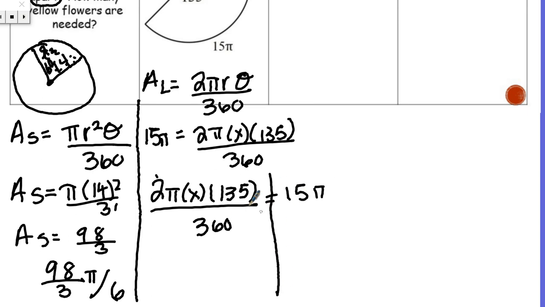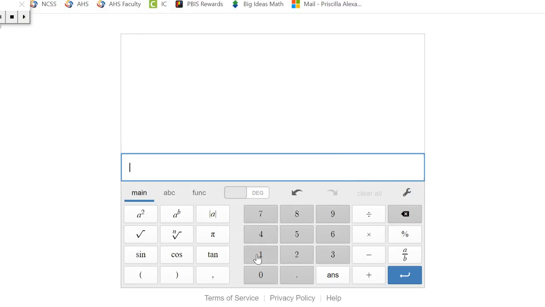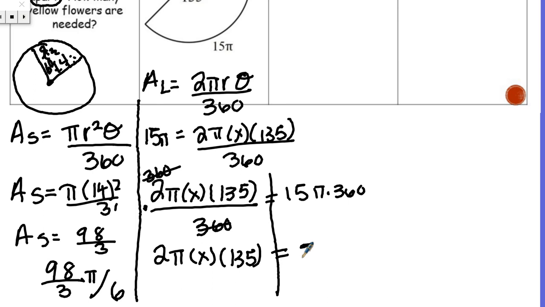Alrighty, and here times 360, here times 360 because we don't like fractions, so we get 2 pi x 135 equals 15 times 360, that's 5,400 pi.